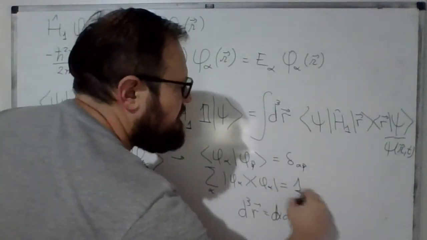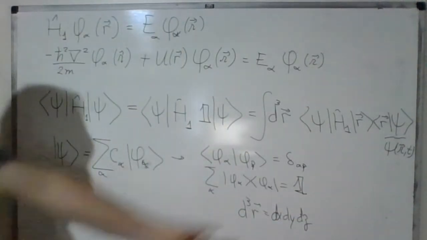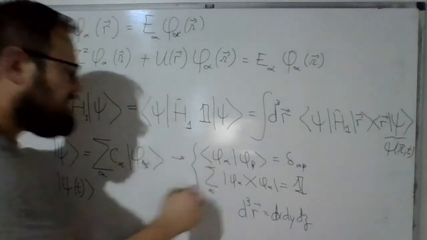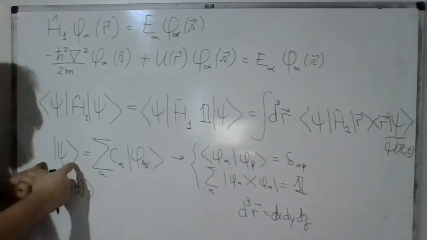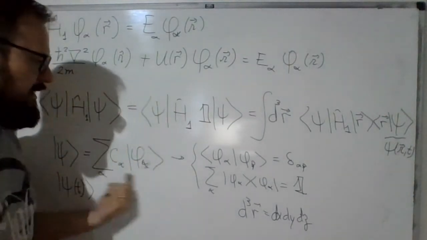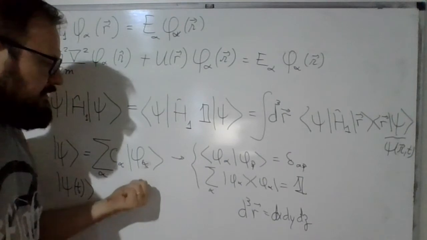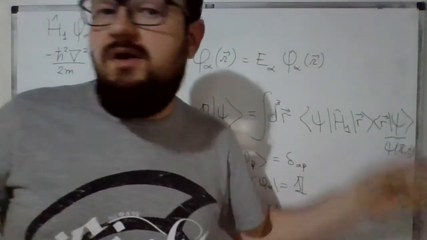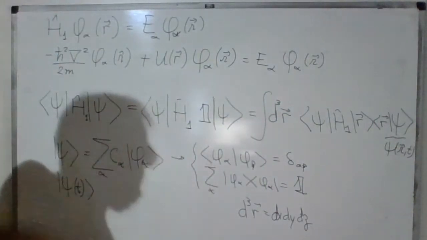Of course, this is the identity, okay? So this is the identity matrix. All right, this is a complete basis. And I can expand a given psi, a given state, in a given basis. So the basis can span all the vector space of functions.